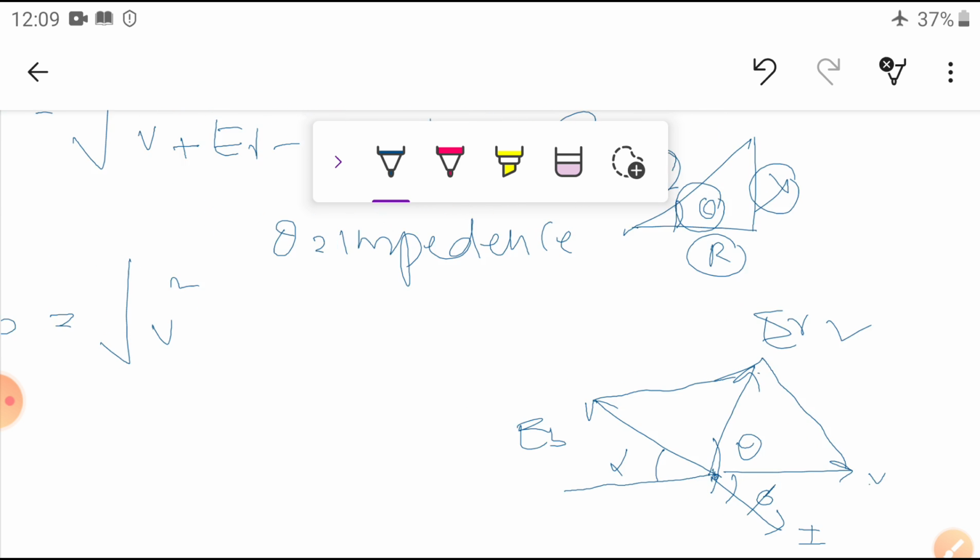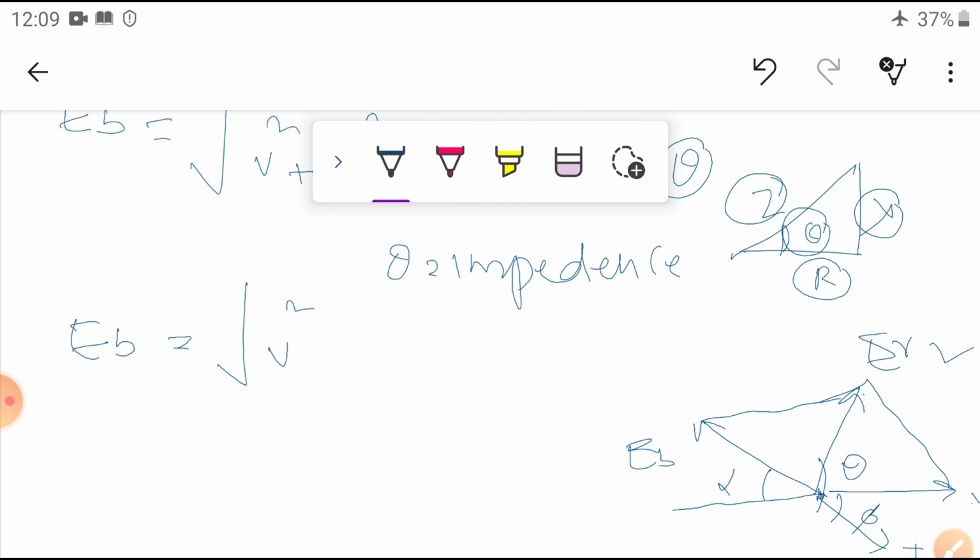So what is this now? EB, the back EMF induced in the stator when the field is given to the rotor under excited, less than 100% excitation. At that condition, what is the back EMF magnitude? It depends on V squared plus ER resultant squared minus 2 into V into ER into cos of theta minus phi.